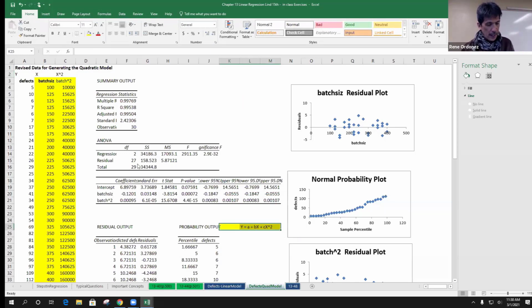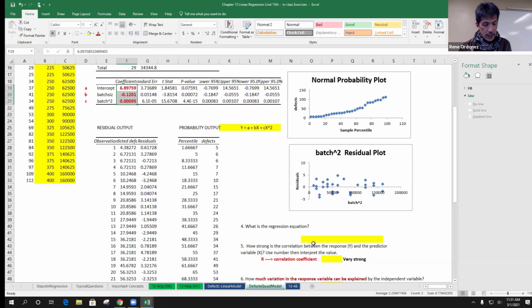From the output, we're going to pick up the value of A. This is A. Here's B, and here's C. Again, this would be A, this would be B, and this would be C. So to build the regression equation, we will say that Y, number of defectives produced, is equal to 6.89 minus, look at the slope of this coefficient, it's a negative value, minus 0.1201 batch, or X, plus 0.00095 batch squared.